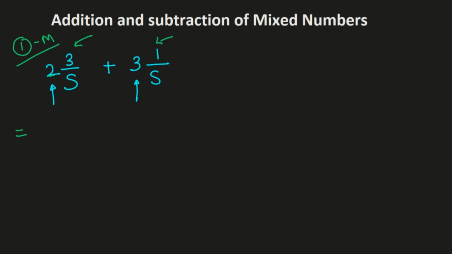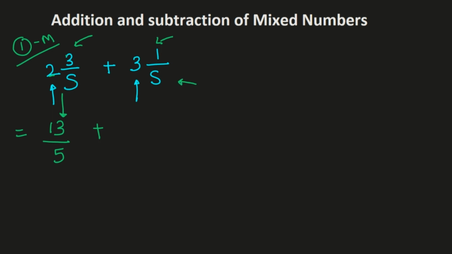And then to that answer, you need to add the numerator. So 10 plus 3, it's 13. And you are putting its denominator as it is. So when you convert this mixed number into an improper fraction, the answer will be 13 upon 5. Plus, then I'm converting this mixed number into an improper fraction.